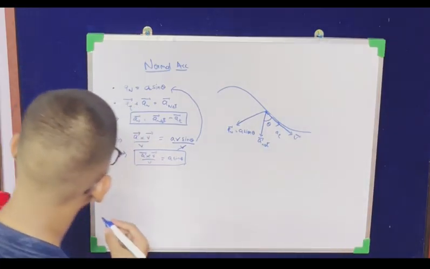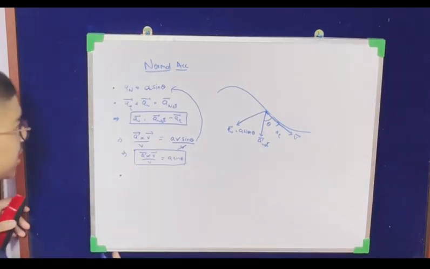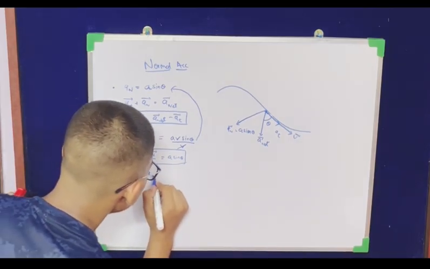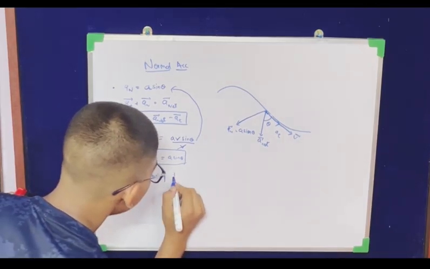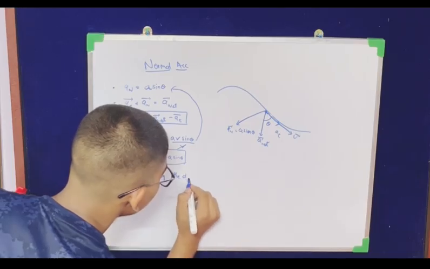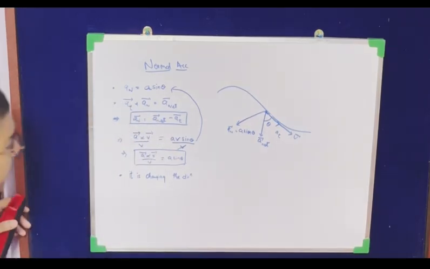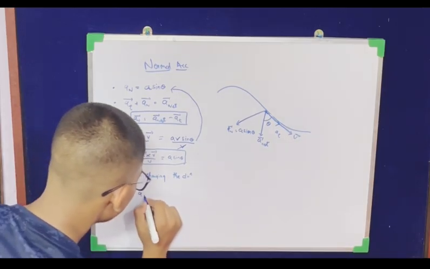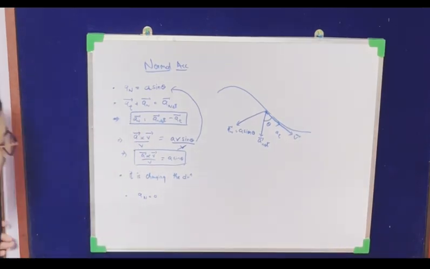Now one important function is that it is changing the direction. If at any time it becomes 0, what will happen?